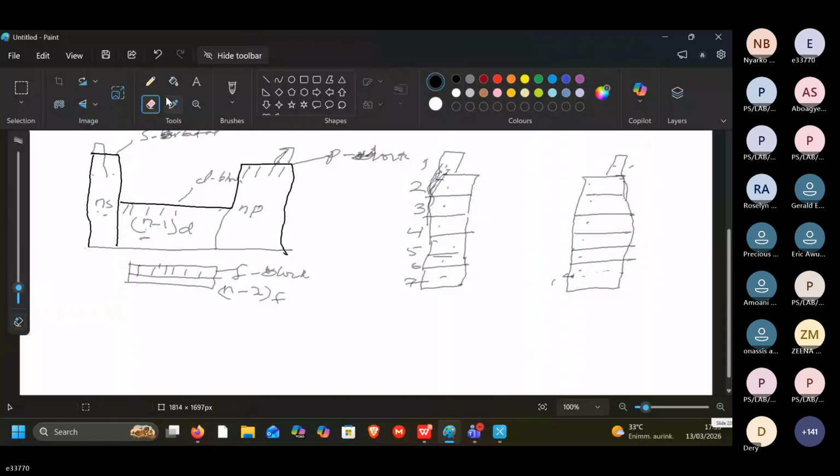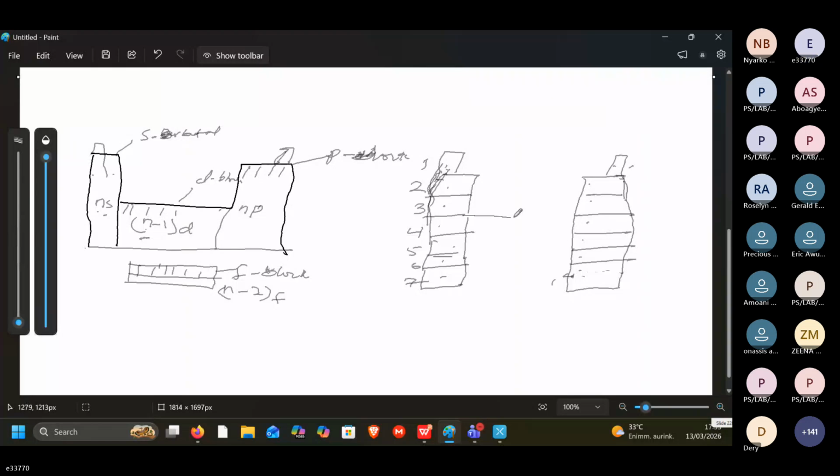It's going to make 3 points. So that will be from 3, 4, 5, 6, and then 7.